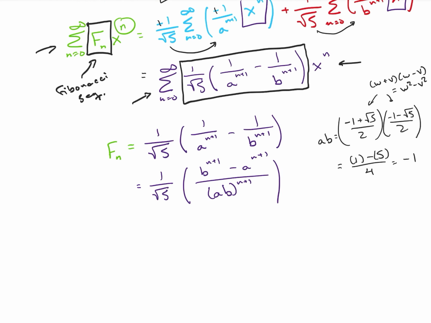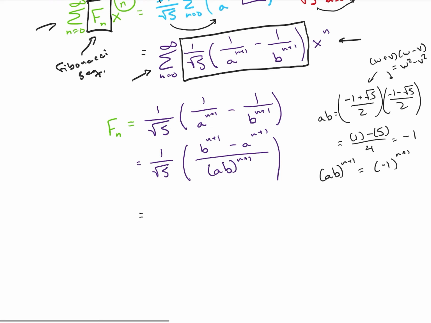So what I'm going to end up with here is a times b to the n plus 1 is going to be equal to -1 to the n plus 1. So I can pull that out, and I'm going to end up with -1 to the n plus 1 over square root of 5 times b to the n plus 1 minus a to the n plus 1.